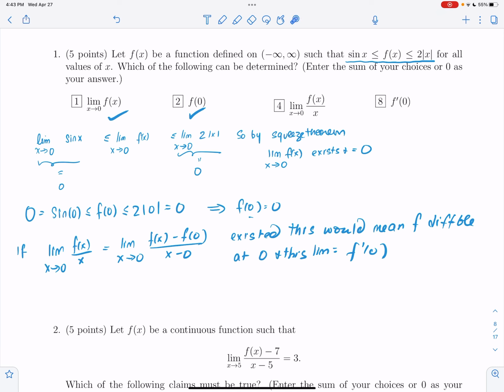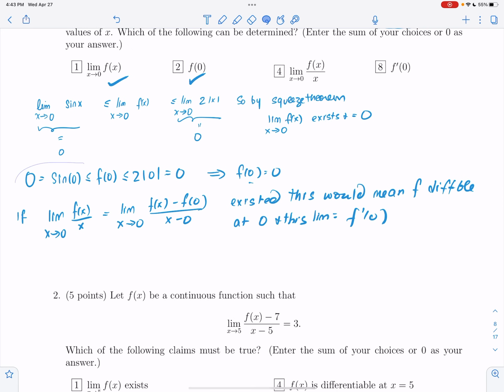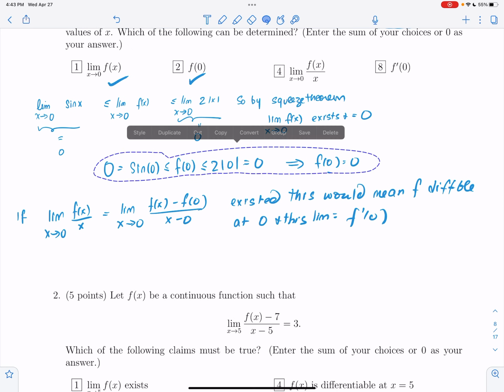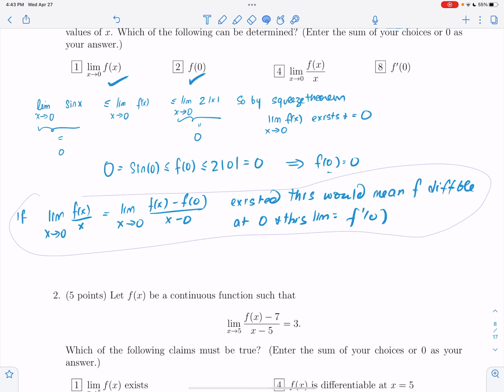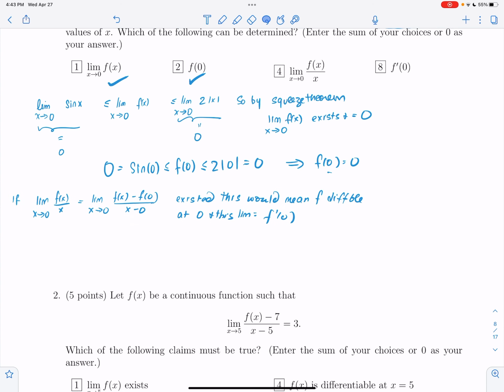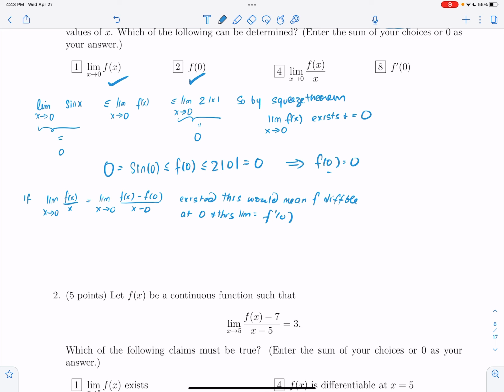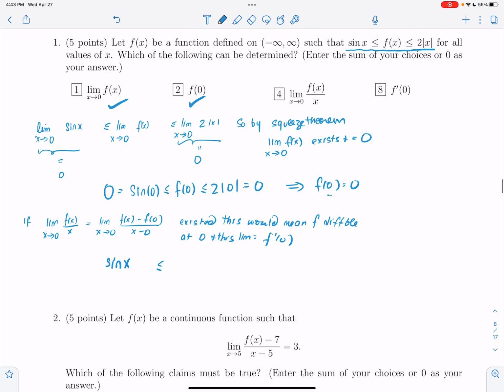Okay, well, let's take a look at this. How will we even get our hands on this? The way we get our hands on this is using this inequality that we are given. So let's look at this inequality. We have sine x less than or equal to f of x less than or equal to 2 times the absolute value of x.